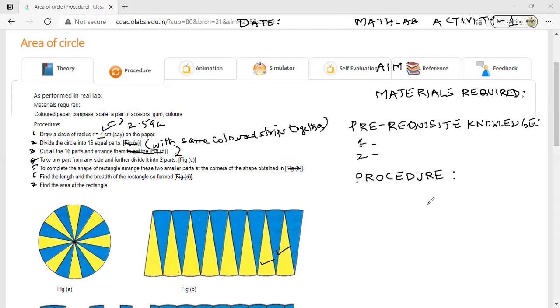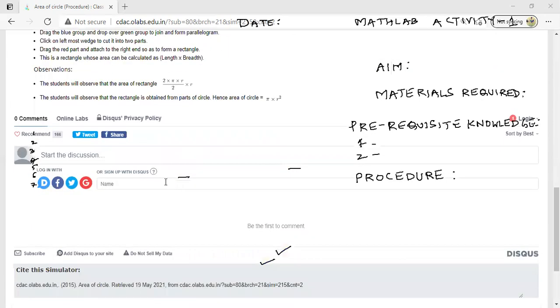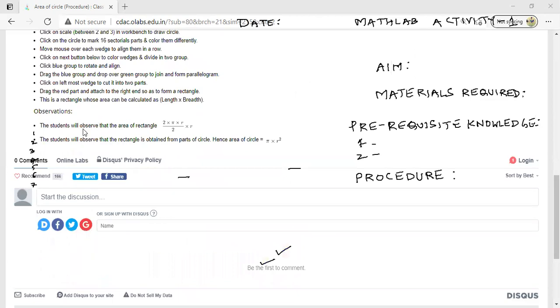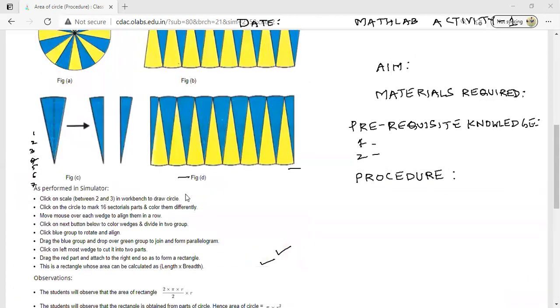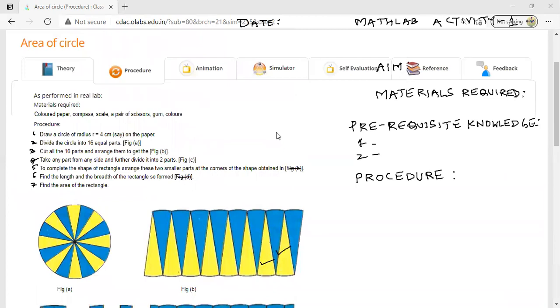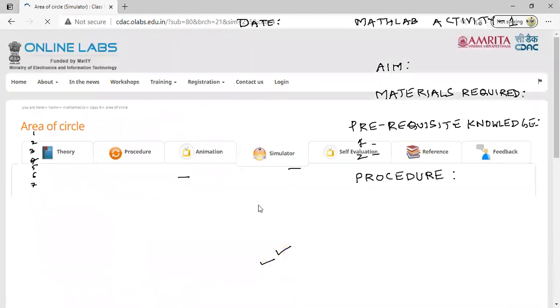Okay. After procedure, we have observation. Understood procedure? After procedure we have observation, but do not write that the student will observe. No, no, we are observing. We will not observe. We are observing. So what will we write in observation from the simulator, because here you get the exact result.